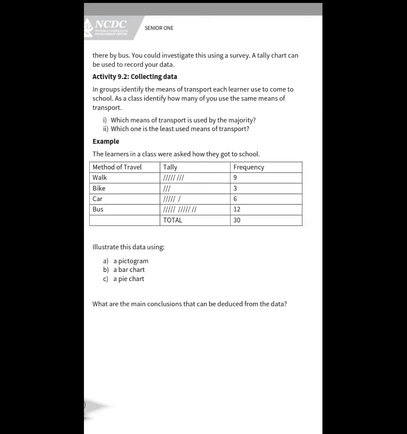As a class, identify how many of you use the same means of transport. Which means of transport is used by the majority? Which one is least used? Which one is the least used means of transport?